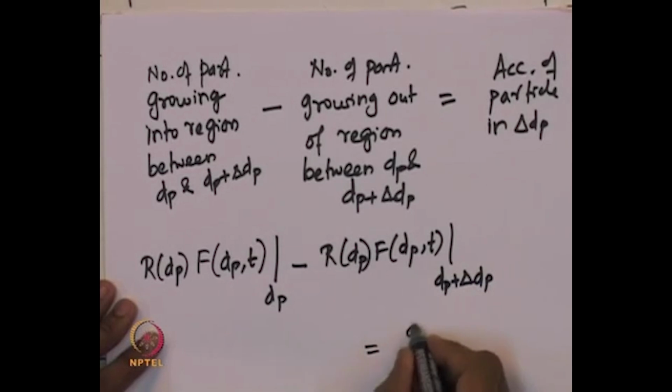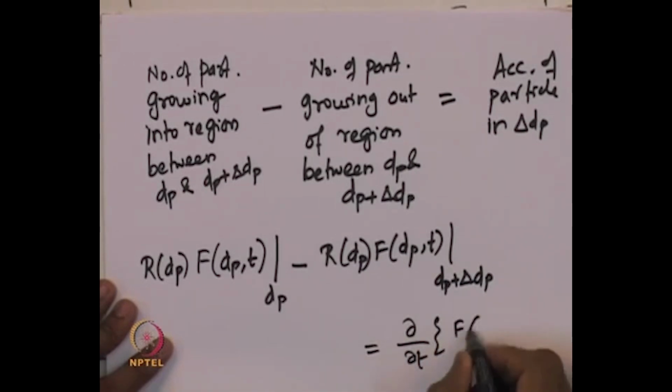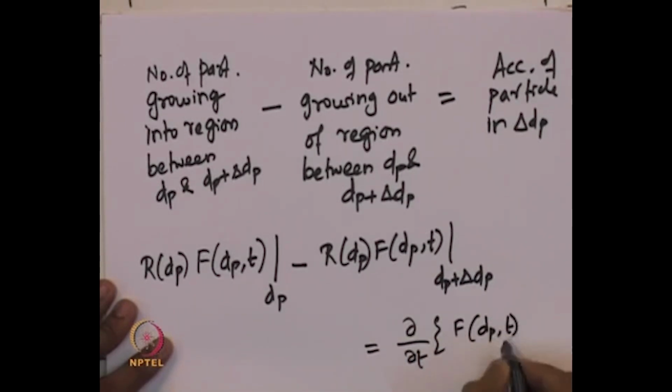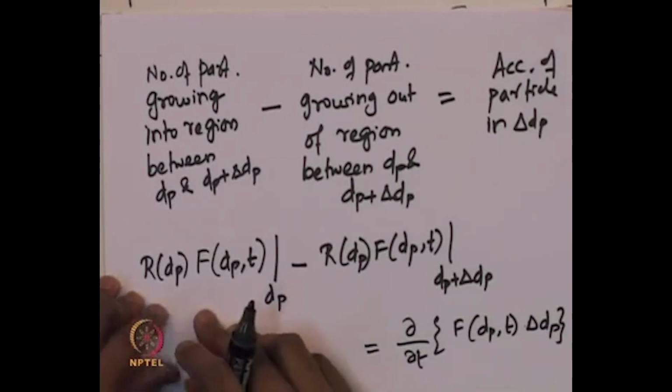That should be equal to d by dt, the accumulation of the particles in delta dp, equal to f of dp comma t multiplied by delta dp. So, that is the rate at which the particles are being accumulated in that small element.